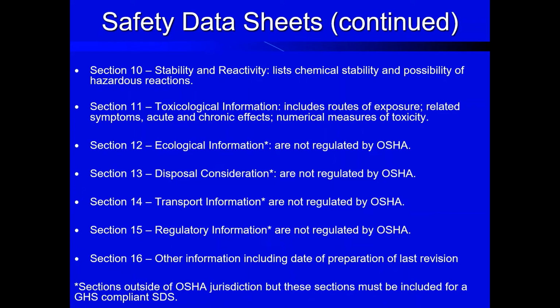These are also not covered by OSHA. Section 14, transportation information, not covered by OSHA. Section 15, regulatory information, not covered by OSHA. Section 16, other information, including date of preparation or last revision. Sections outside OSHA's jurisdiction, but these sections must be included for GHS compliant safety data sheets. So that covers section 12 through 15.